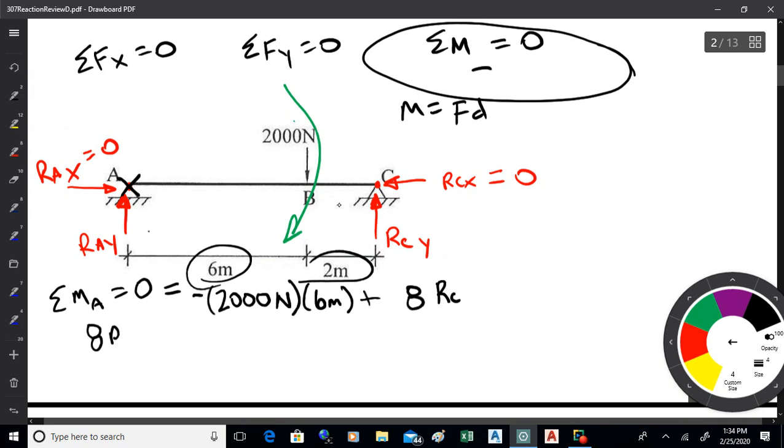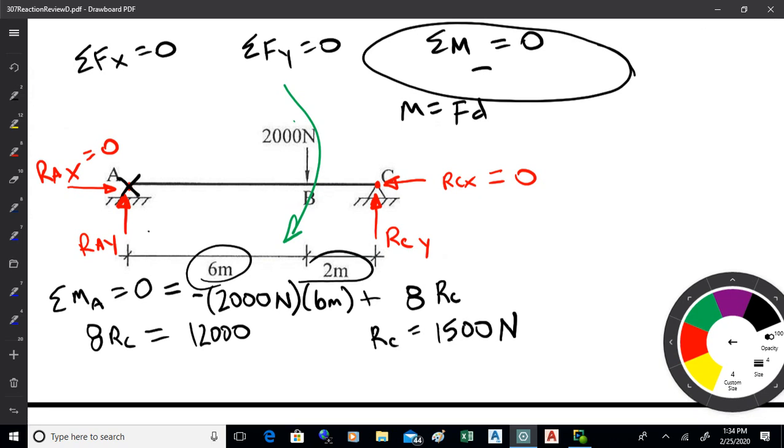So 8 RC is equal to, is that 12,000? When we get that sorted out, so I can solve for RC, and I think that's going to be about 1,500, I think. Doing all right with that? You all remember this stuff?